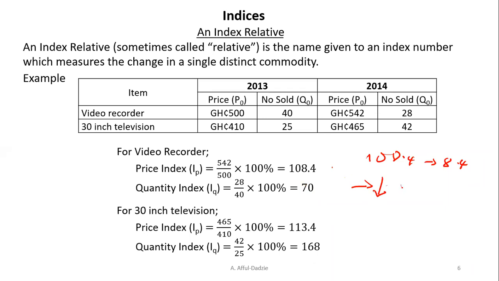So here we can say we have a 30 percentage point decrease in quantity. Percentage points decrease, not percentage. The same applies if we were interested in the television set: we can find the price index and the quantity index of the television set.